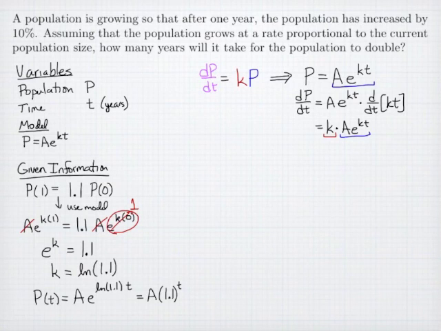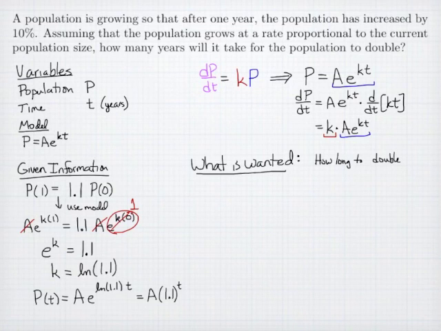Finally, now that I've used my given information, let's identify what is wanted. We want to know how long for it to double. In other words, we want to know what time will make it so that the population at that time is double the population at time 0.